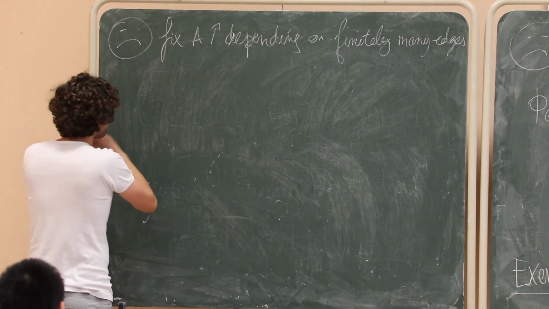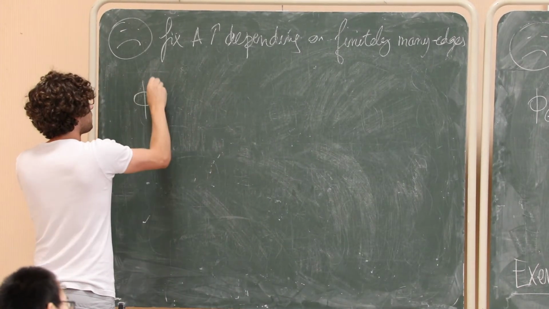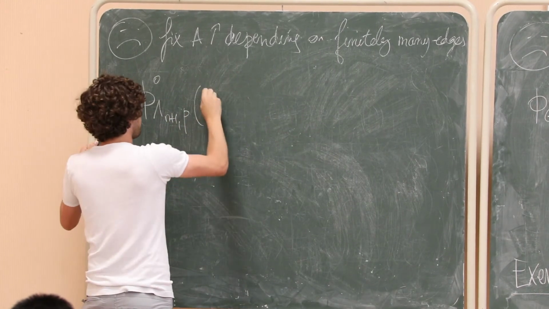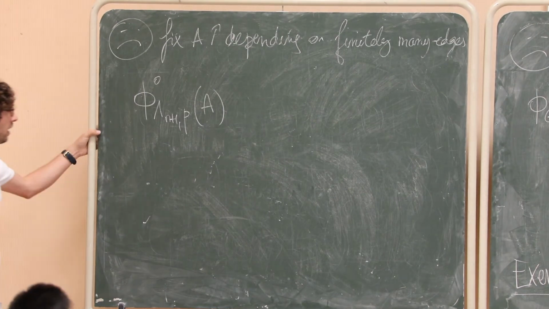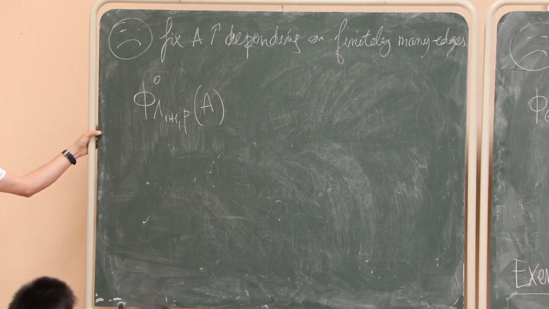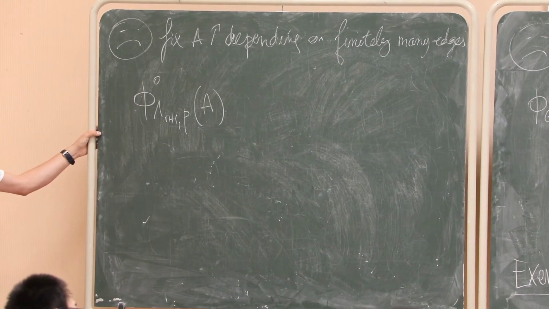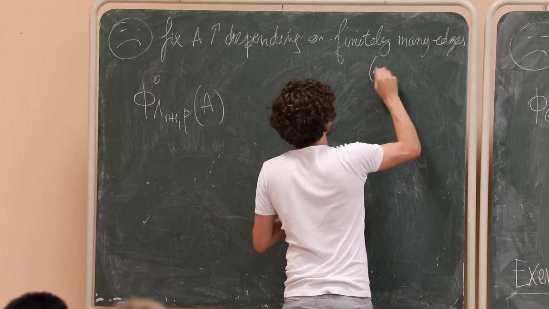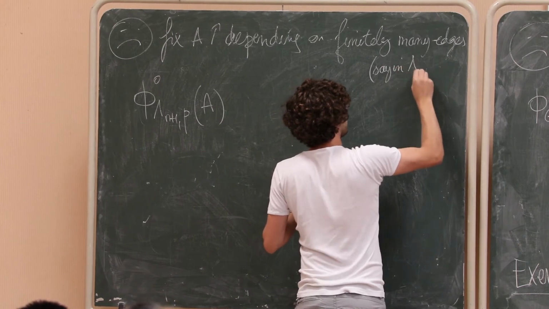Okay, and now the observation is, let's try to compare the probability of A when I look at the box of size n plus 1 to the probability of A when I look at the box of size n. And I suppose that A depends on finitely many edges, say, in lambda k.